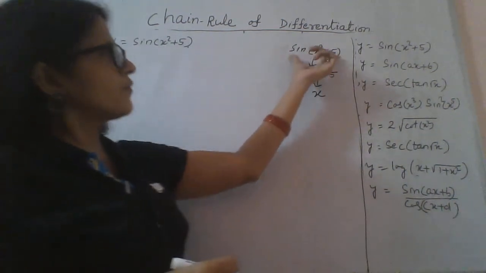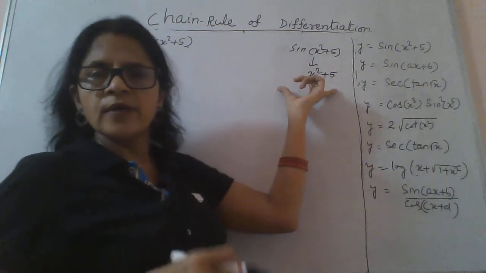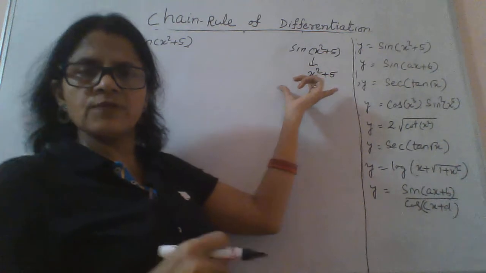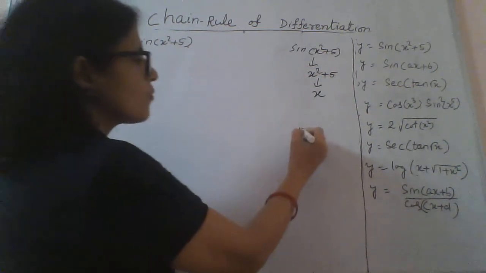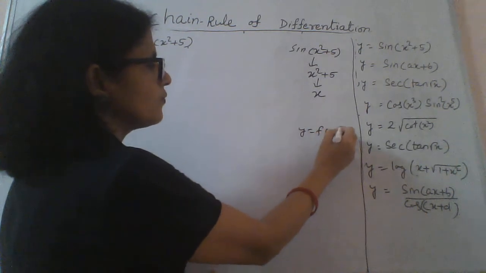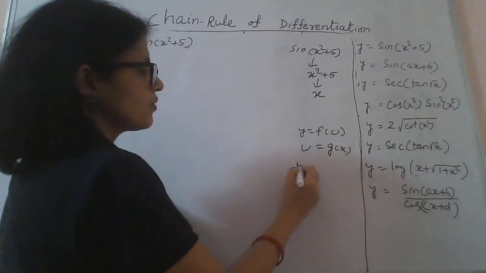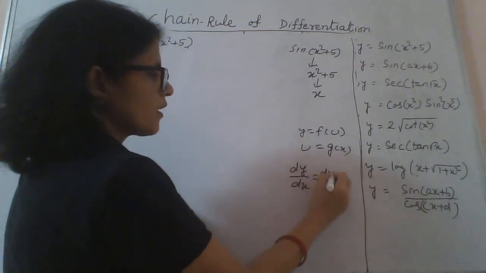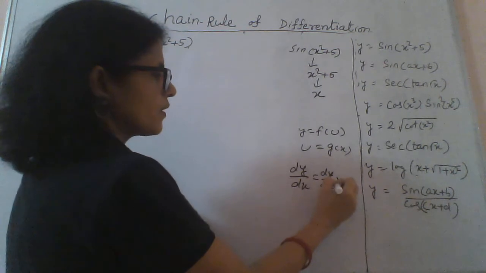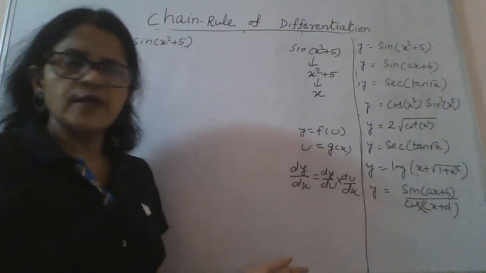After identifying this, it becomes easier for us to differentiate. It's just like whenever you say y equal to f of u and u is g of x, your dy by dx is dy by du into du by dx. As simple as that.